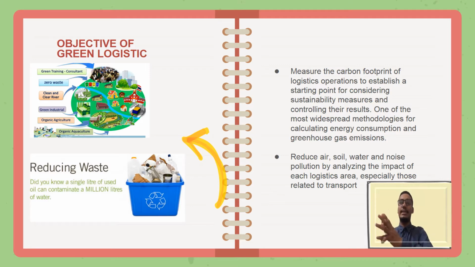So what is the objective of green logistics? The objective of green logistics is to eliminate the environmental effect in the logistical operation in order to achieve sustainable environmental, cultural, economic and social advantage. So how do they eliminate the effect on the environment? First of all, they reduce air, soil, water and noise pollution by analyzing the impact of each logistic area, especially those related to transport.